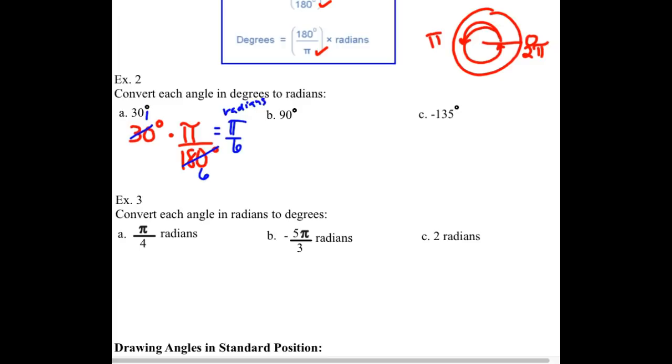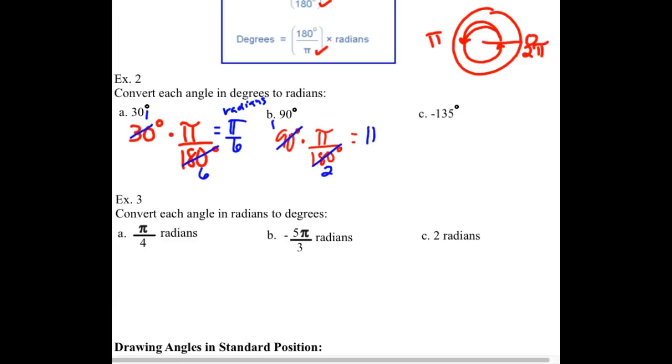Okay. How about 90 degrees? Ninety goes into 180 how many times? So we end up with pi over 2.